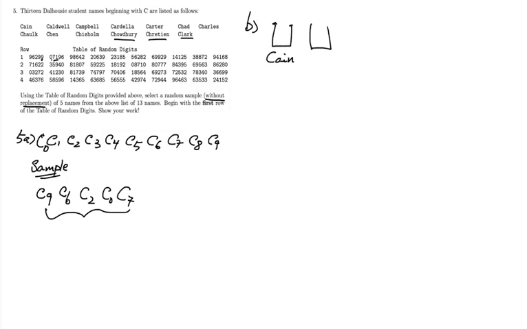If the two-digit number ends up in another range, we sample Caldwell, and if it's another, we sample Campbell, and so on, all the way up to Clark, who's the last guy here.